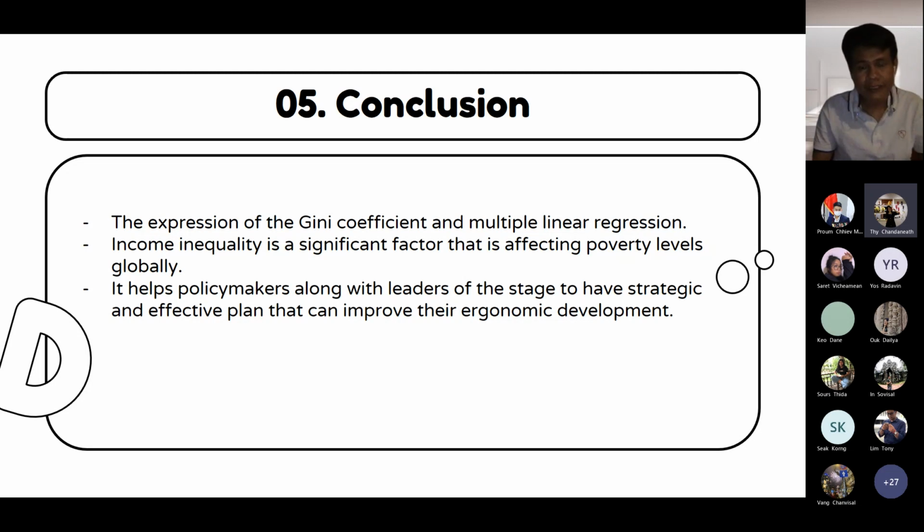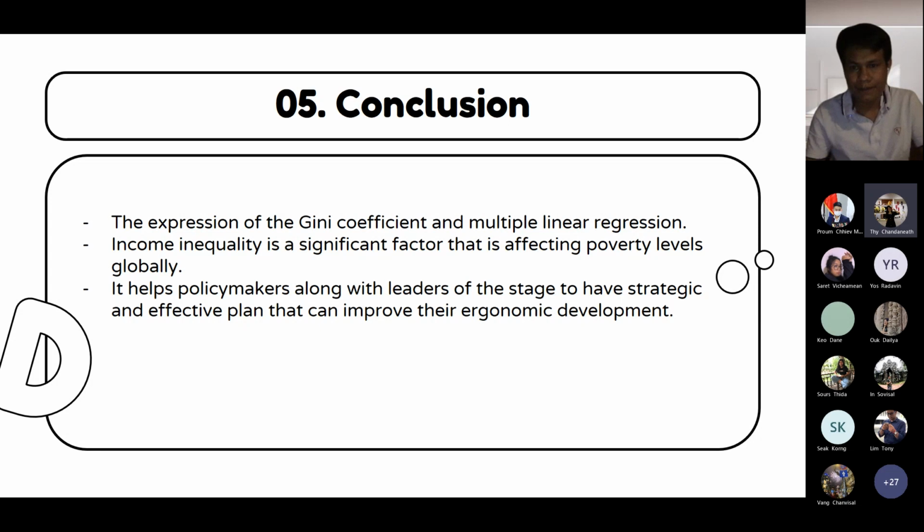The study also showed that income is a significant factor that affects poverty globally. So it is a challenge for many countries that have faced poverty. It shows those countries should focus more on improving the literacy rate and ensuring gross domestic product per capita growth, along with reducing inequality and Freedom House scores.